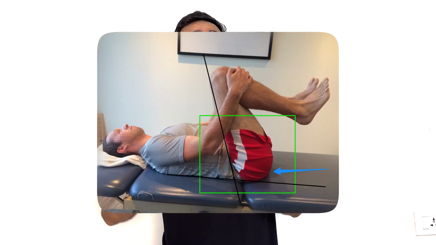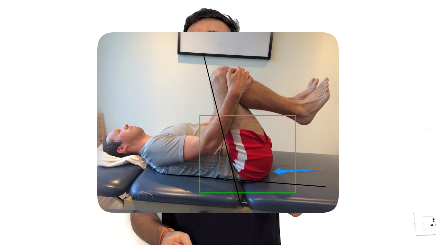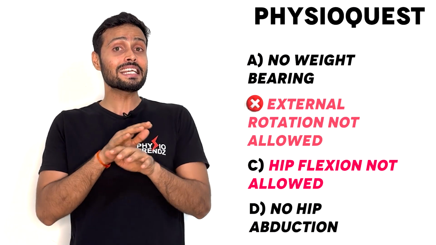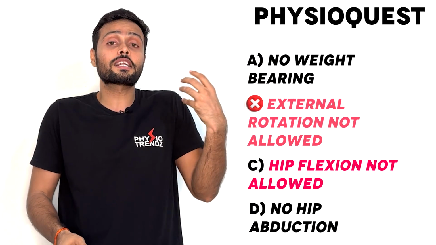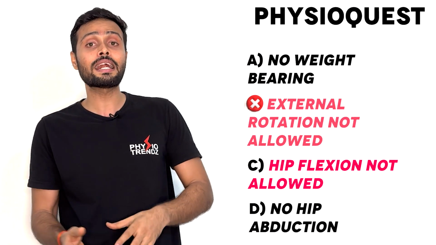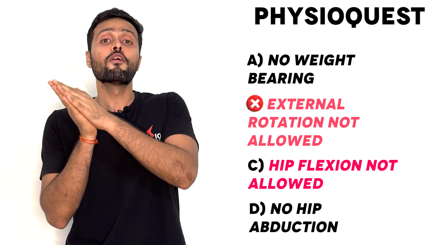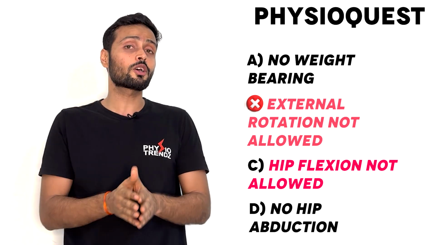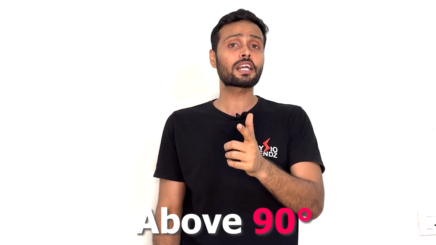Hip flexion above 90 degrees is restricted in early rehabilitation whenever the posterior approach is used for arthroplasty. And in the option, nothing is mentioned about whether hip flexion has to be avoided above 90 or below 90. It is just mentioned that hip flexion should be avoided. So this option also cannot be correct. If it was mentioned above 90-degree hip flexion, then definitely I would go for this option.